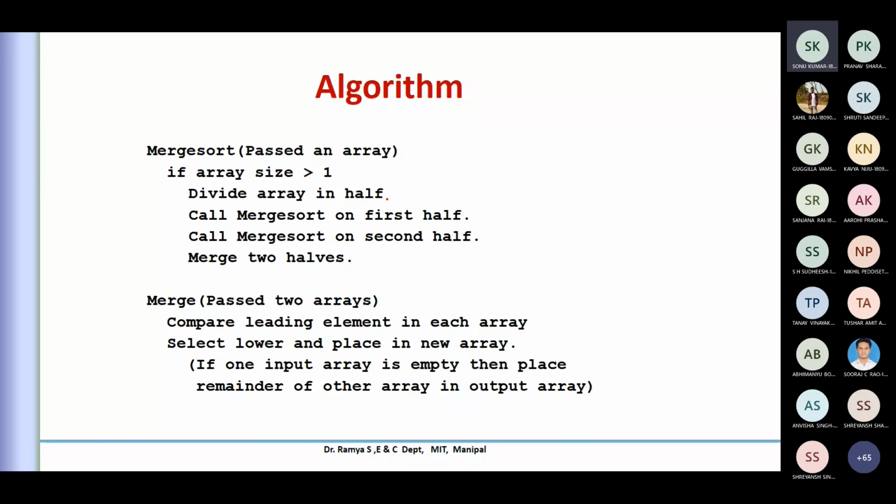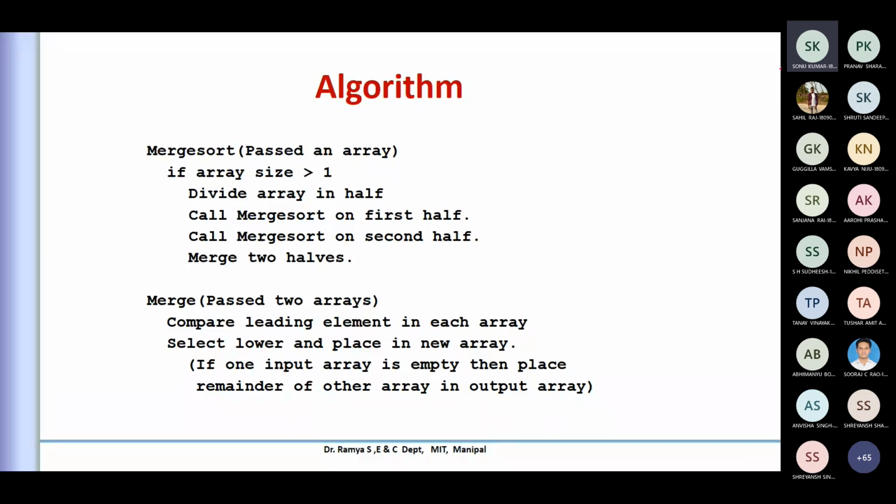Then you can call the same merge sort on each half, depending on your requirement, whichever array you want to pass, but the method is the same. Once you get the sorting for the first half and the second half, then merge those two halves. So an entire sorted array is what you get.